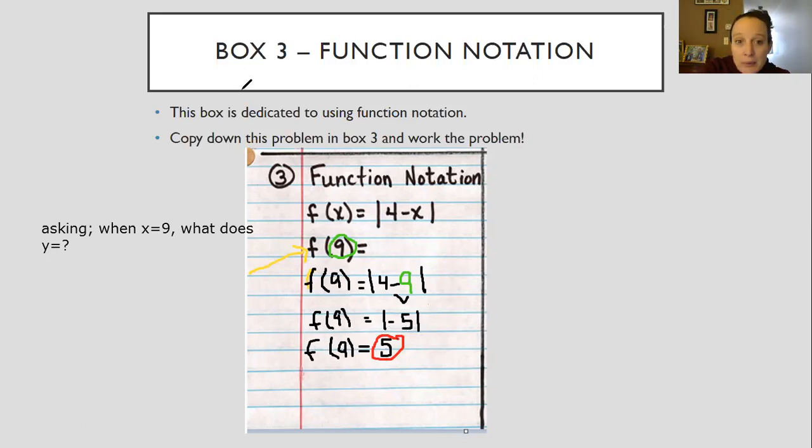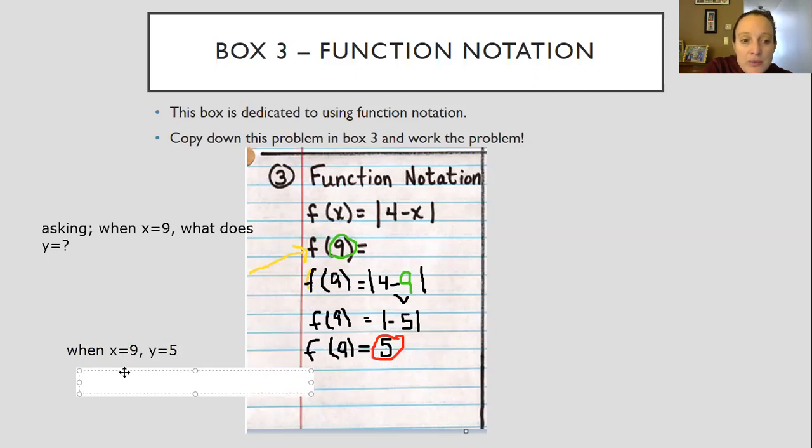So again, I'm going to type. Please write what I'm going to type here. Okay, let me move that over. So here's what it means. When x equals 9, y equals 5. Okay, again, it's just a coordinate point, guys.